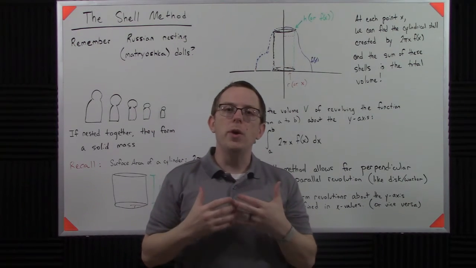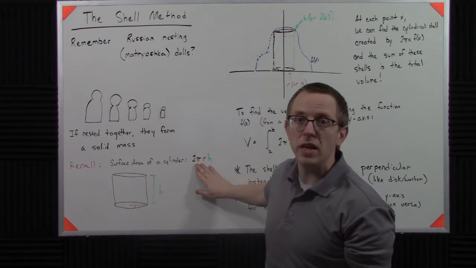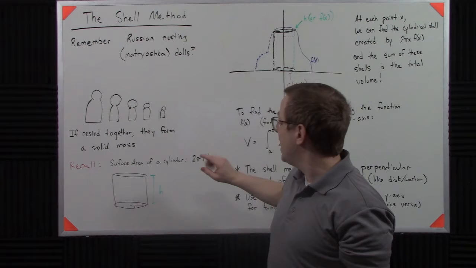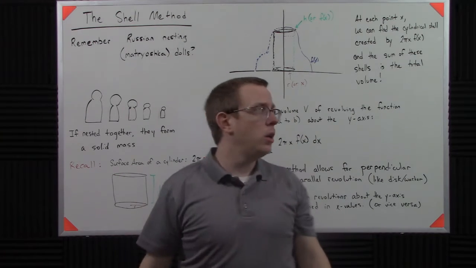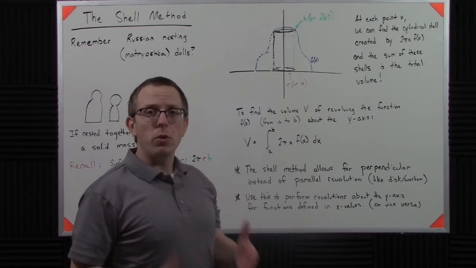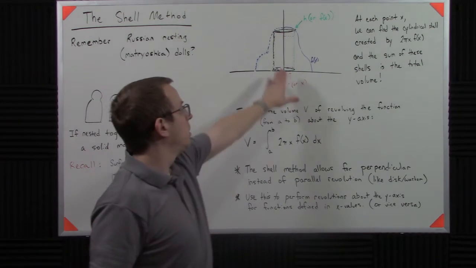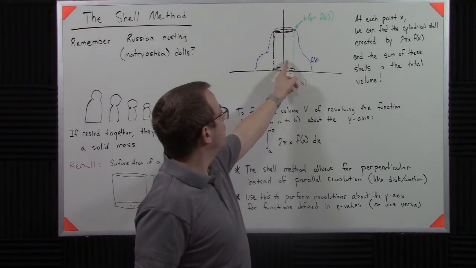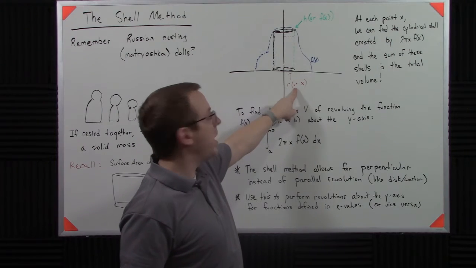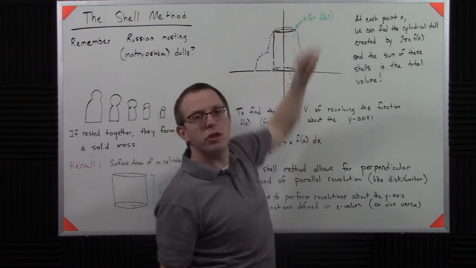So what can we do? Well, we can take this idea of saying, okay, I know that the surface area of each individual cylinder is 2 pi RH. Okay, simple enough. So if I know that 2 pi RH is that, how do I relate that to my mathematical construct here? Well, the radius of that cylinder is just my x value that I'm currently at, and the height is the function value.